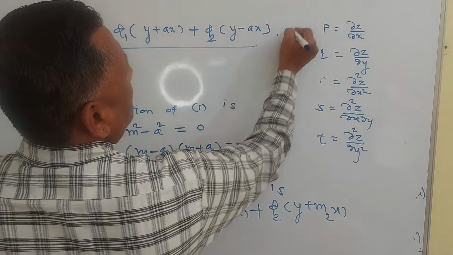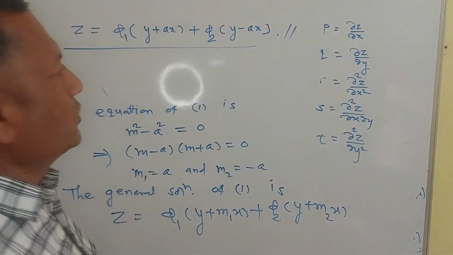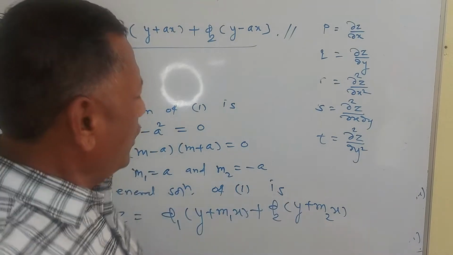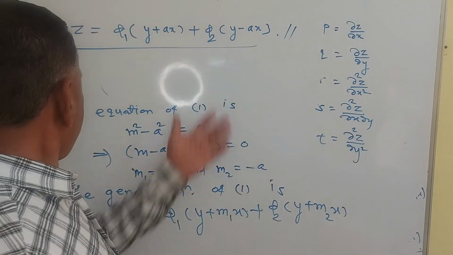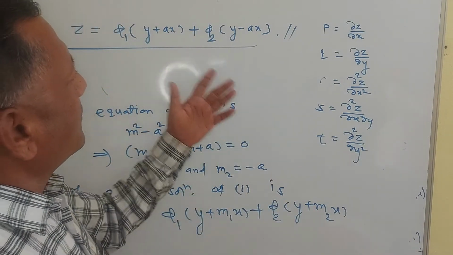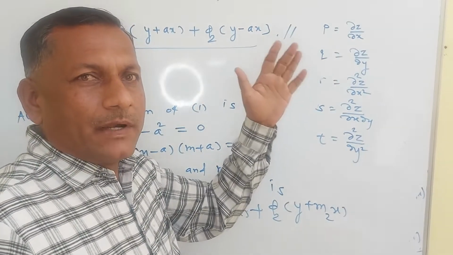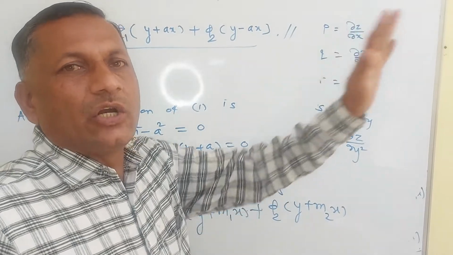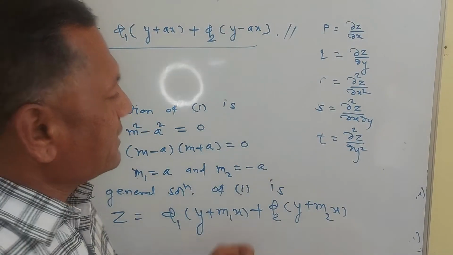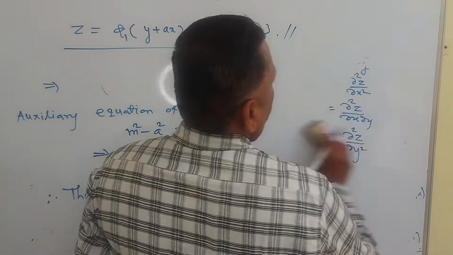So this is the general solution of r is equal to a square t. So in this way you can find the complementary function of a given partial differential equation of the type f of D, D dash operated on z is equal to 0. You can solve many examples. So we stop here. Thank you.